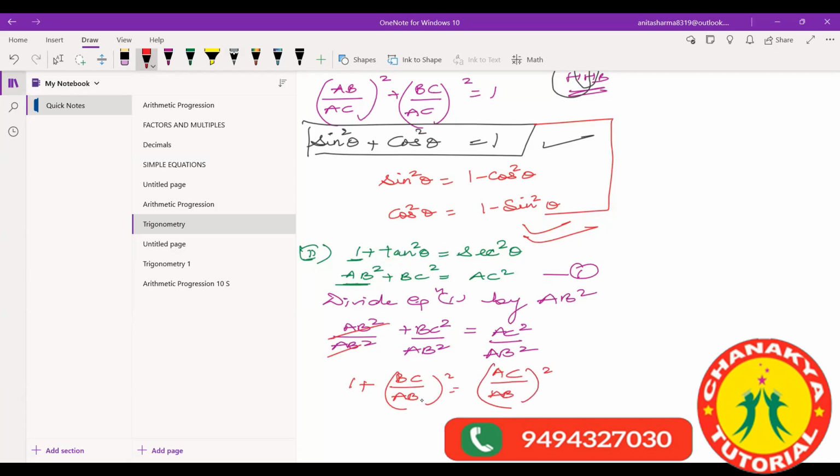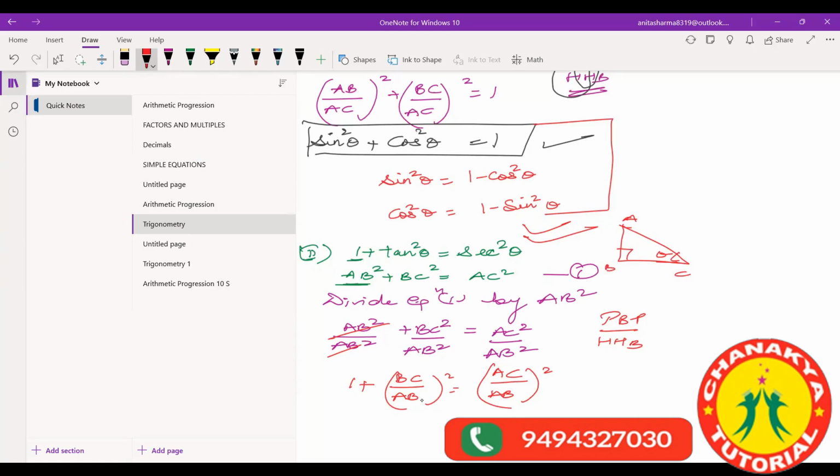So this was your triangle A, B, C. This is your theta, right? So BC is there. So what we have? BC upon AB. So BC is your base and AB is your perpendicular, right?